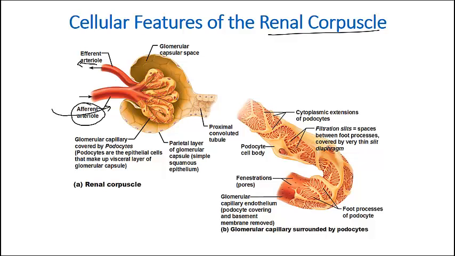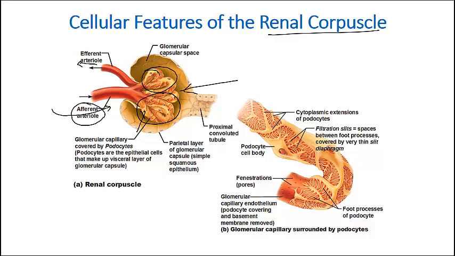If you look at here, this is the structure. If you look carefully, you will see some cells drawn here, elongated cells with nuclei, which are these dots surrounding this arteriole. These cells are known as podocytes, specialized cells. Okay.